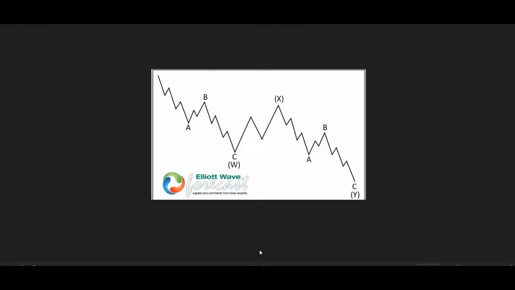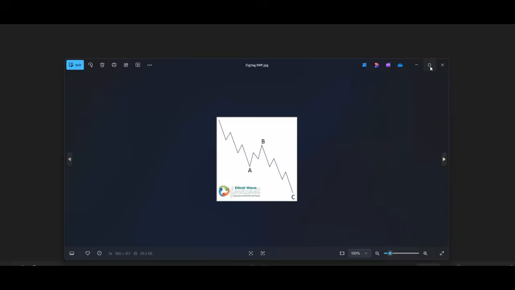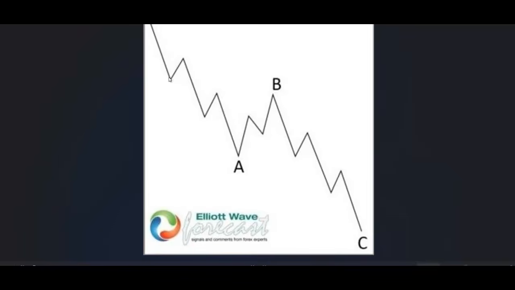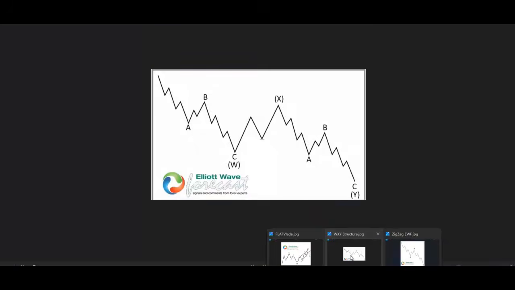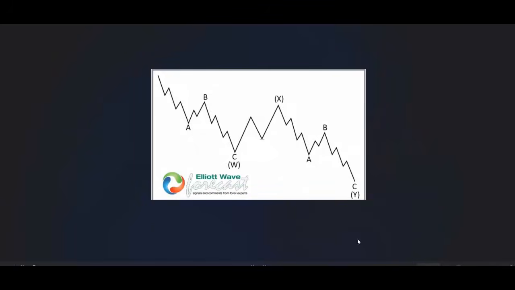An ABC lower is just a simple ABC like this. For example, you go here, this is an ABC, 1, 2, 3, 4, 5, 3 back, and another 5. When it does a double, after the 3 it becomes a 7.